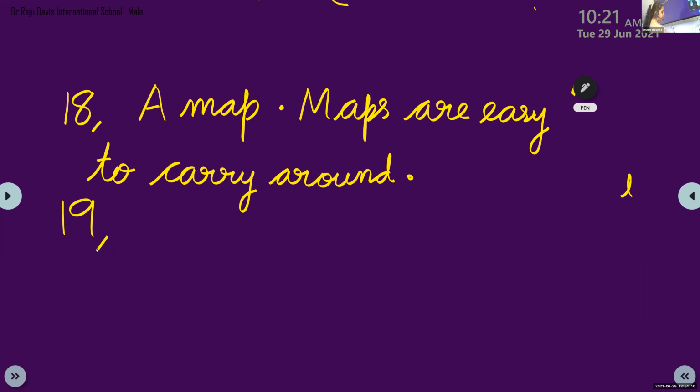Which type of map should each of them use? Who can say? Enel Sabah, Ryan, Akshit. Which type of map? Physical map, political map, thematic map. Which type of map will they use?